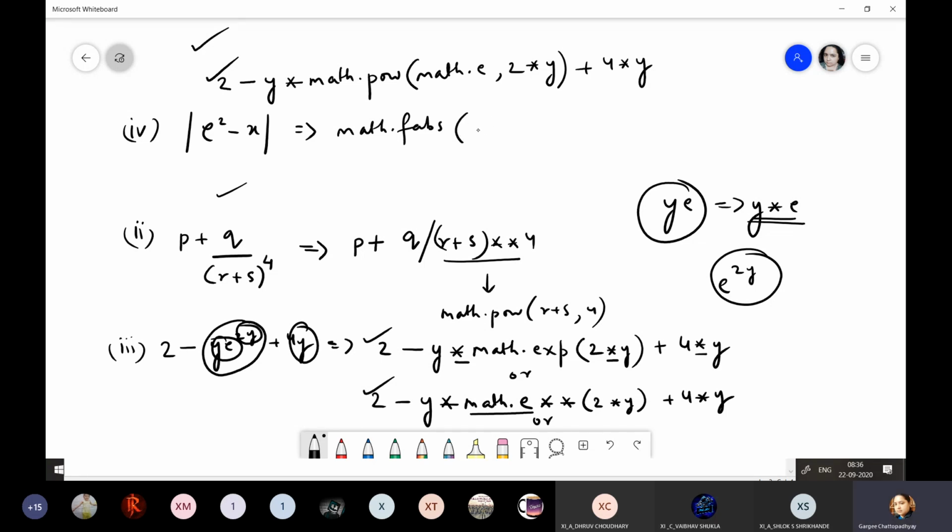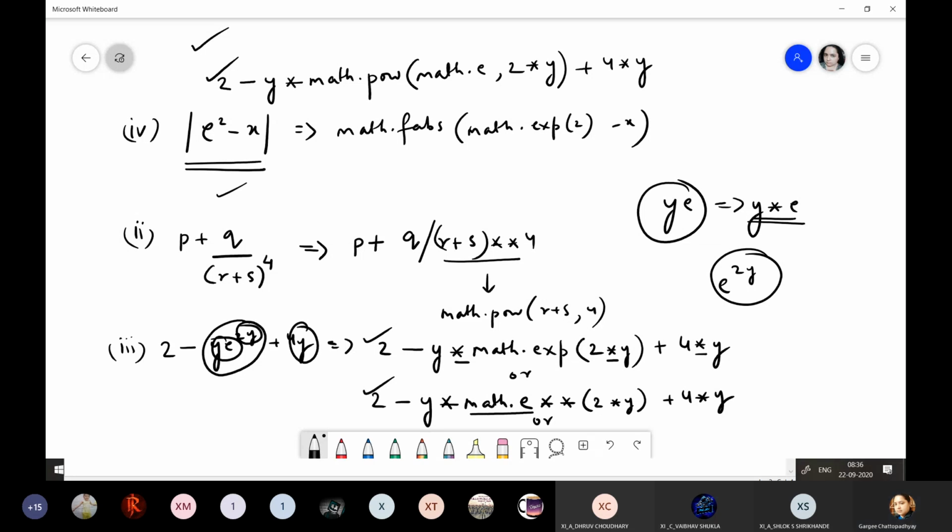Now e square is given, so I can write math dot exp 2 minus x. Now this thing I can also write math dot e raised to the power 2 using the exponentiation operator, or I can use the pow function also, just like I did for the previous one. So that's up to us, right? But whichever alternative you use, it should be equal to this expression.